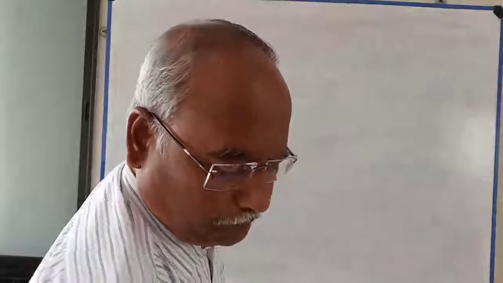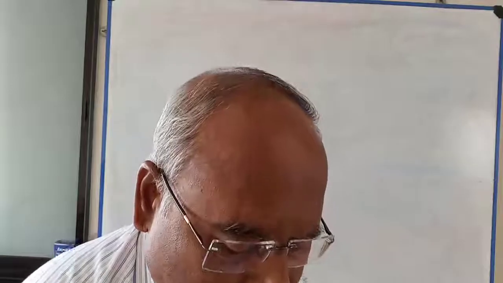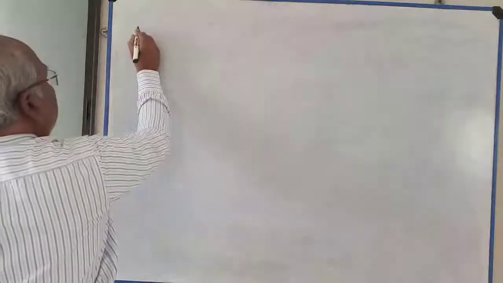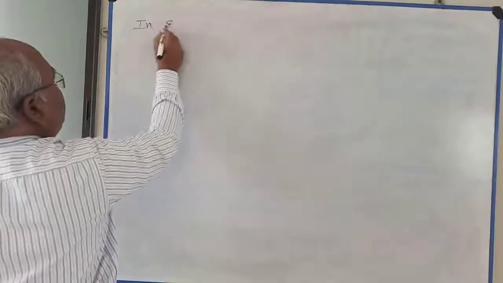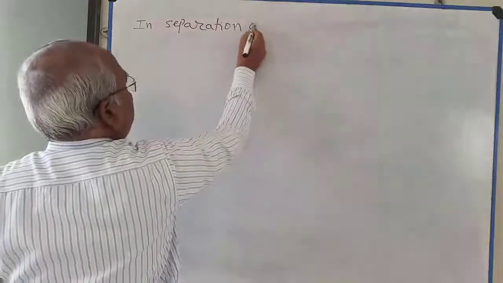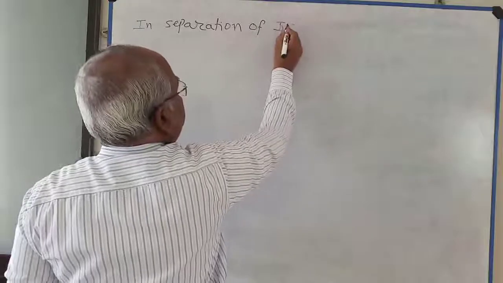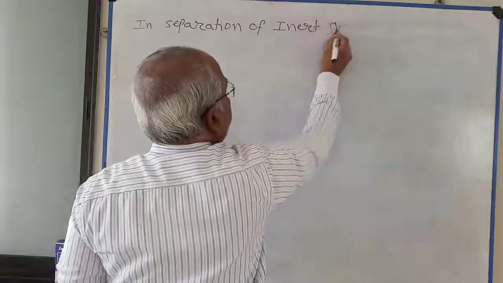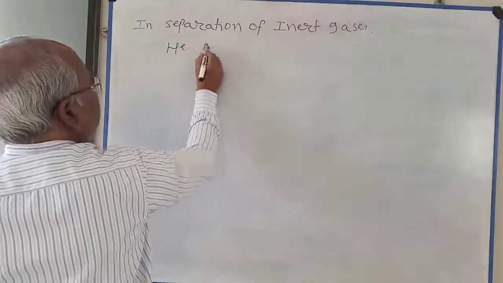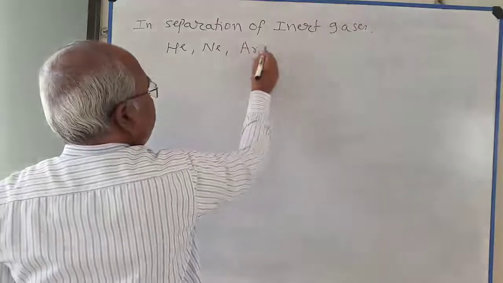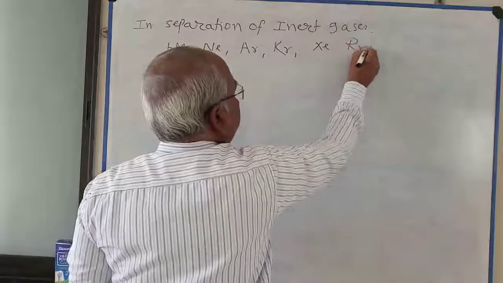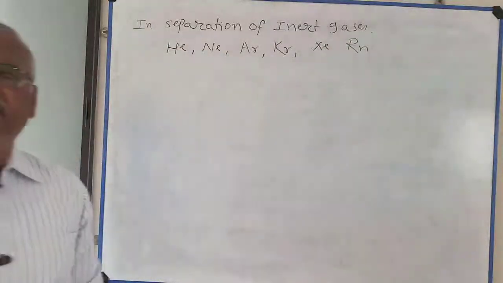The third method that I am going to explain is in separation of inert gases. You know that helium, neon, argon, krypton, xenon and radon, these are inert gases.